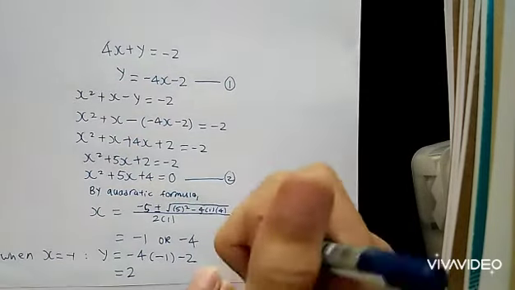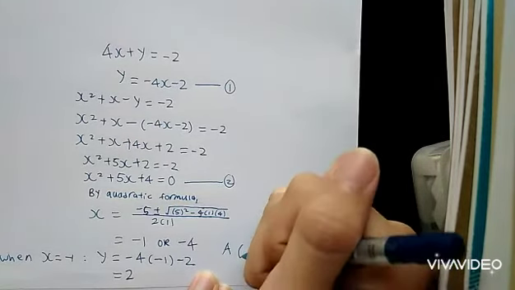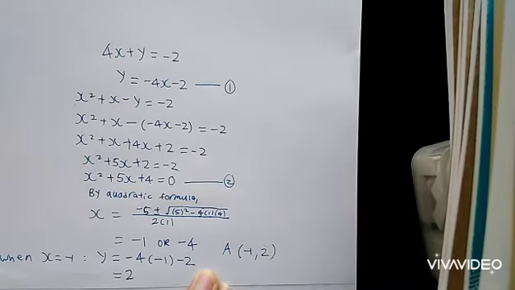So we know that point A, the coordinates is negative 1, 2.